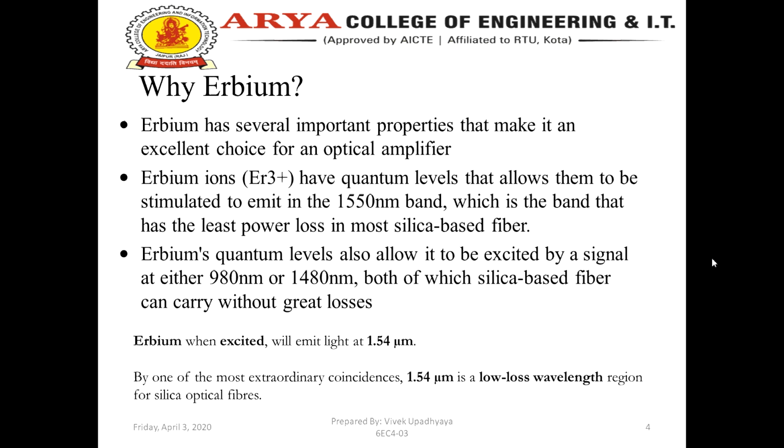Erbium's quantum levels also allow it to be excited by a signal at either 980 nanometer or 1480 nanometer, both of which silica based fiber can carry without great losses.